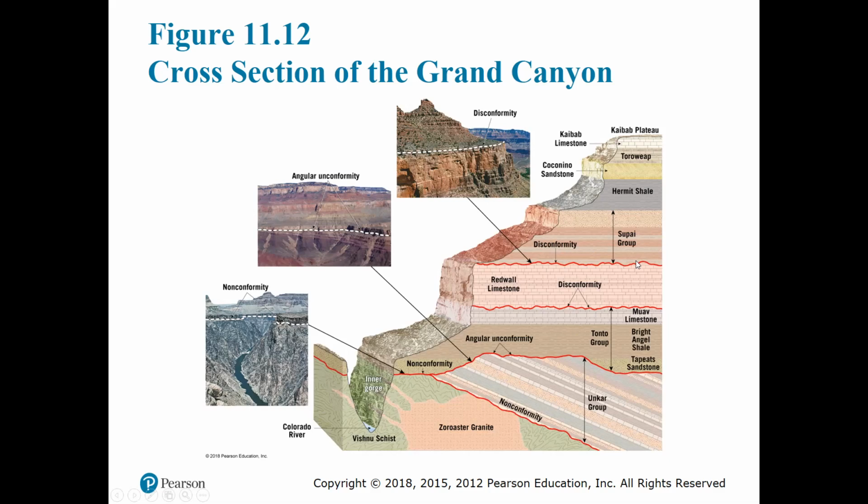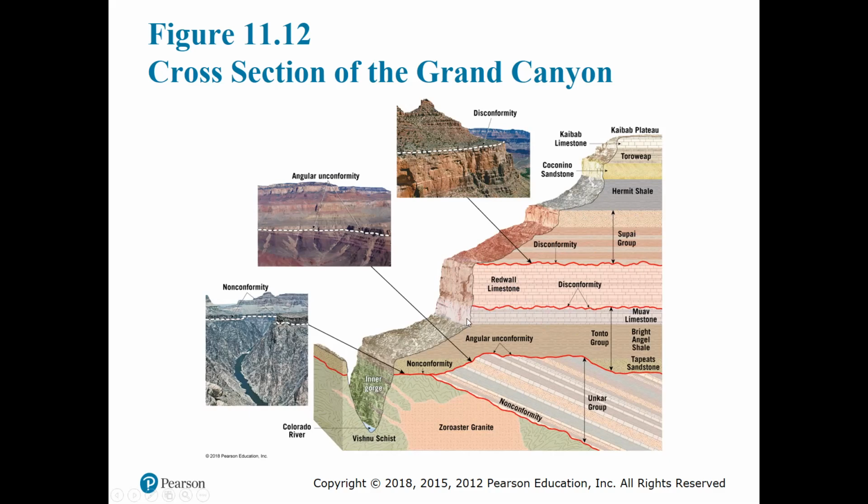And then a disconformity is still between horizontal layers, but we don't have this perfect break. So if you look at the Coconino sandstone here and the Hermit shale, the joint between them, or the barrier between them, is a perfect horizontal line. And then if you look down here between the Red Wall limestone and the Moab limestone, it's this kind of jagged, crooked line.